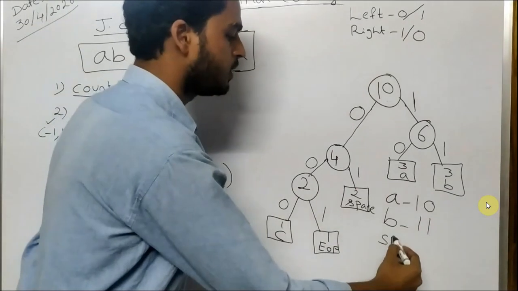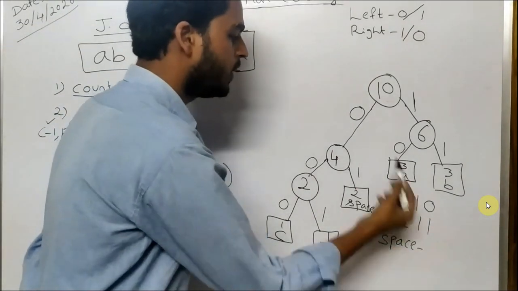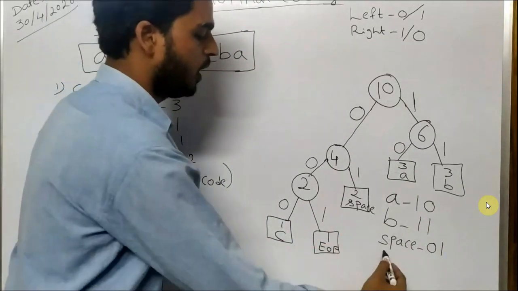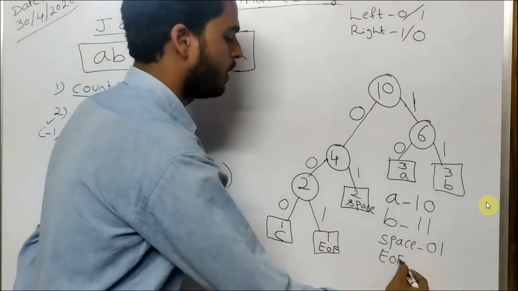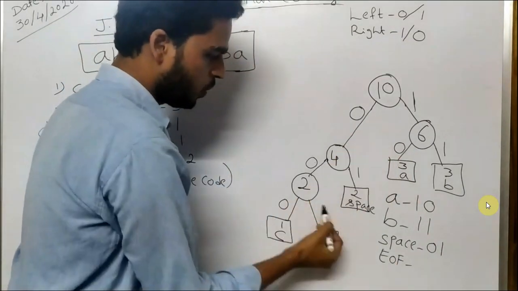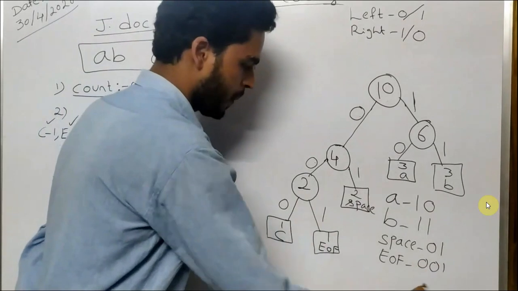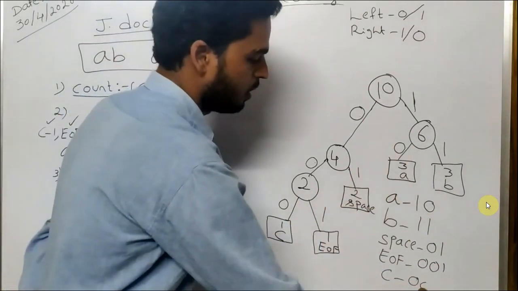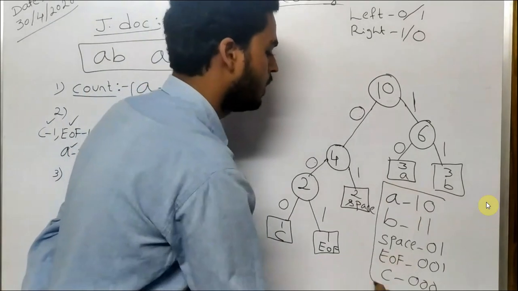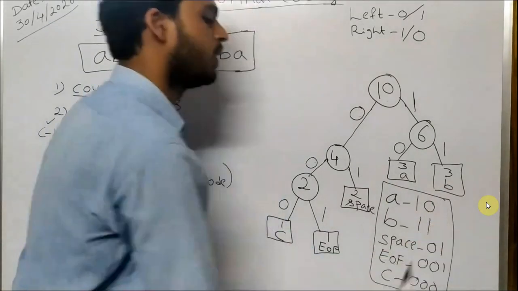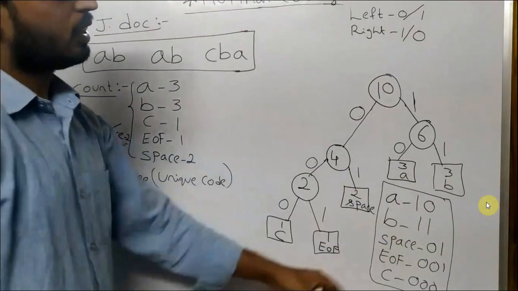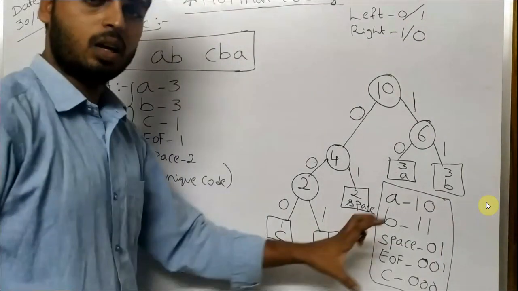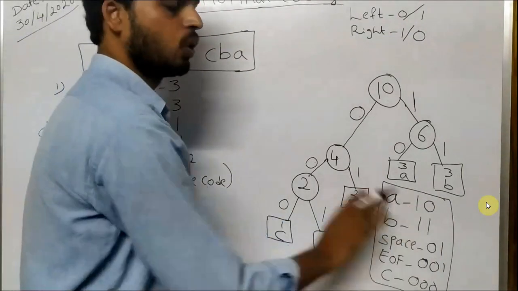For space, the edge weights are 0, 1. For end of file, the edge weights are 0, 0, 1. And for C, the edge weights are 0, 0, 0. So this way we are going to generate unique code. Just check, you won't get any duplicate code. You will always get unique code.